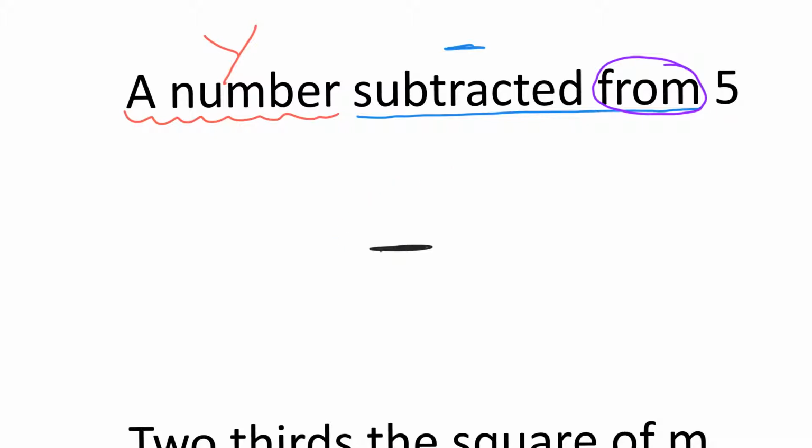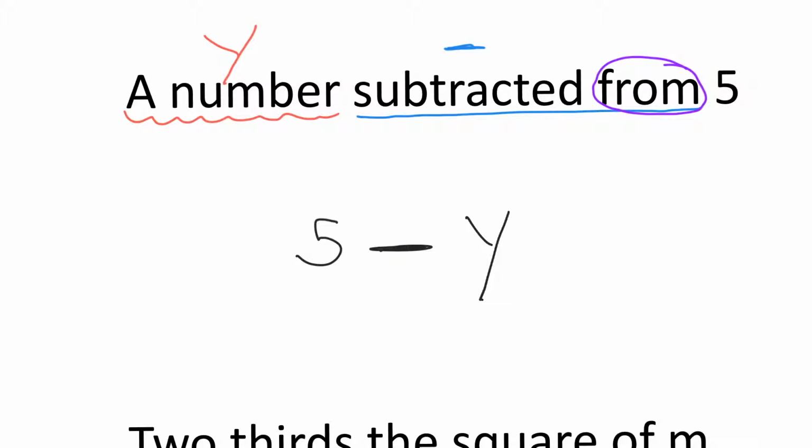Even though it's at the end, most people put that 5 at the end after the minus, and that's where the word from comes in. You have to switch the order. So this 5 has to go first. So I'm going to put the 5 here, and you are going to put a number, which is the y that I chose, the variable, after the minus. So I'm going to put the y after the sign of the minus. You subtract it. So it's very important that you guys understand.